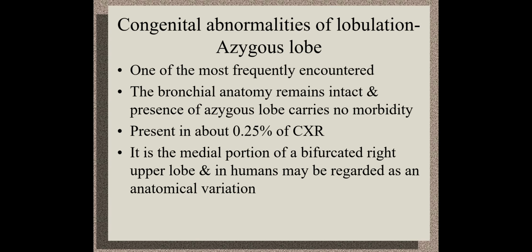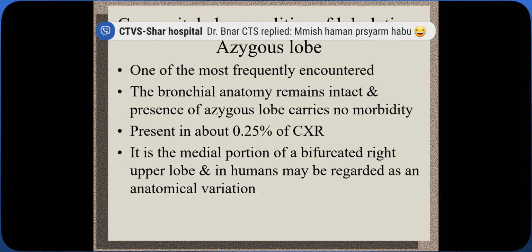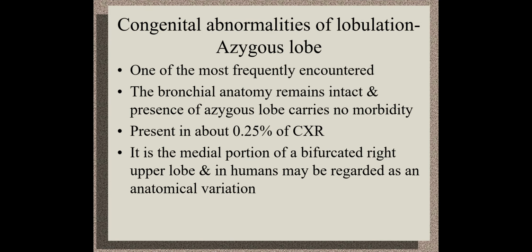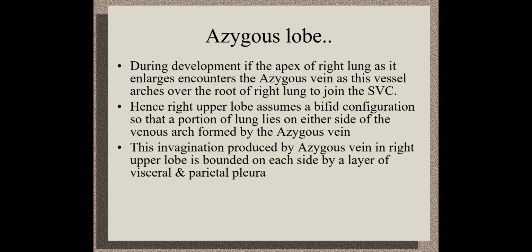Azygous lobe is one of the most frequently encountered variations. The bronchial anatomy remains intact, and the presence of an azygous lobe carries no morbidity. Shown by X-ray and by CT, it is the medial portion of a bifurcated right upper lobe, and in humans may be regarded as an anatomical variation. During development, as the apex of the right lung enlarges, it encounters the azygous vein and SVC, so there will be an arch over the root of the right lung to join the SVC.